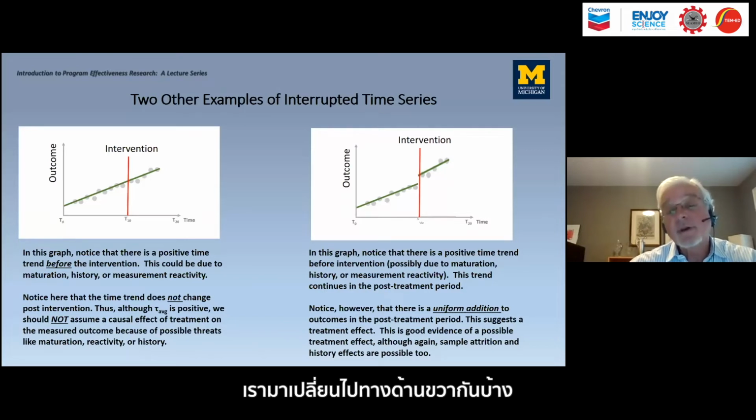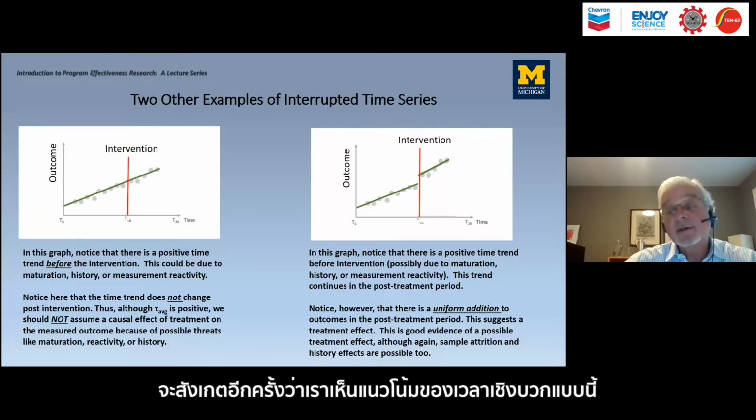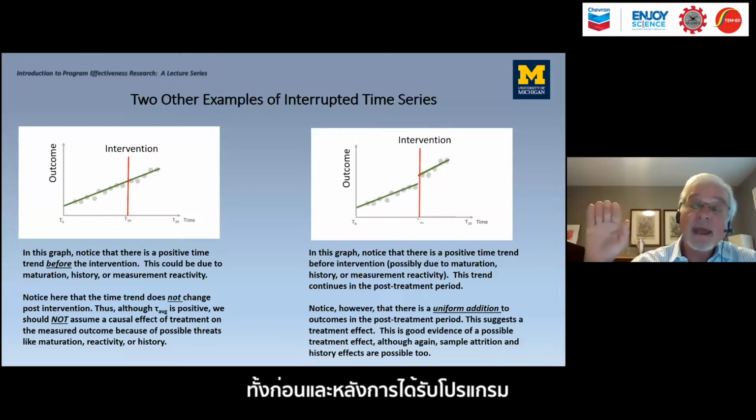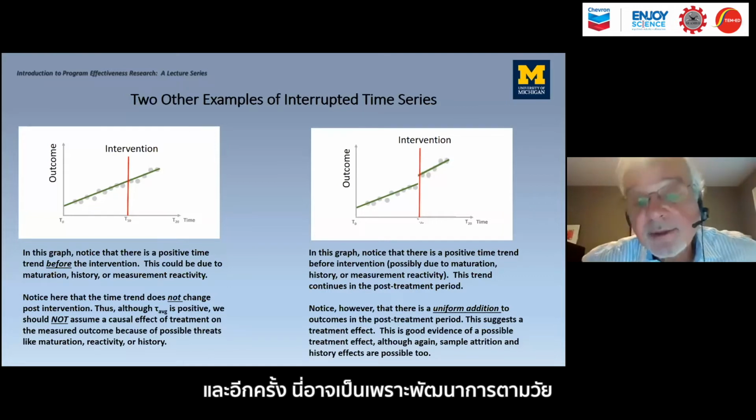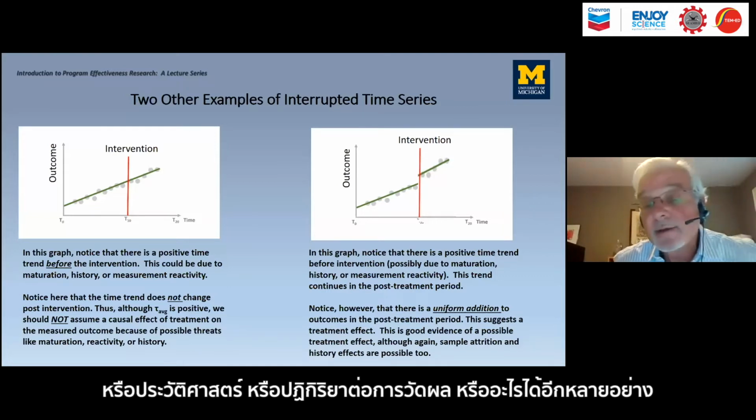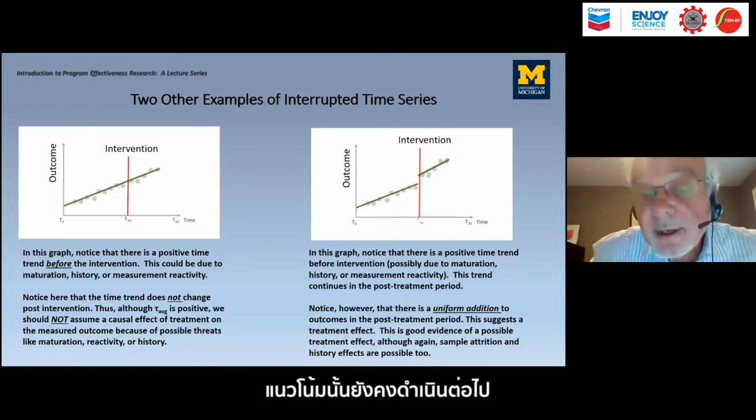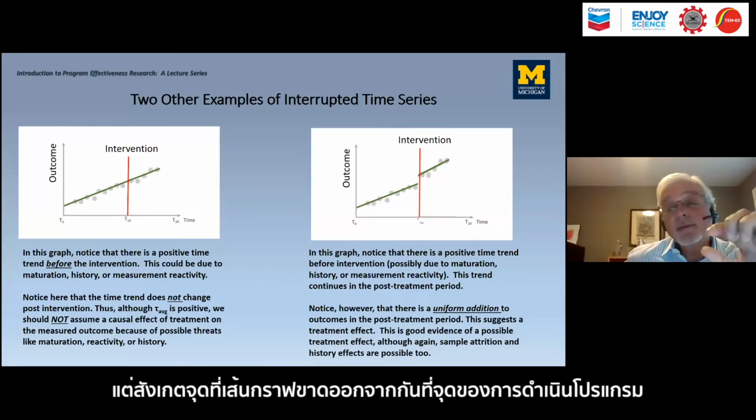Now let's shift over to the right-hand side and notice, once again, we see this kind of positive time trend both before and after the intervention. And again, this could be due to maturation or history or measurement reactivity or any number of things, but that trend is continuing. But notice the breakpoint at the point of intervention.